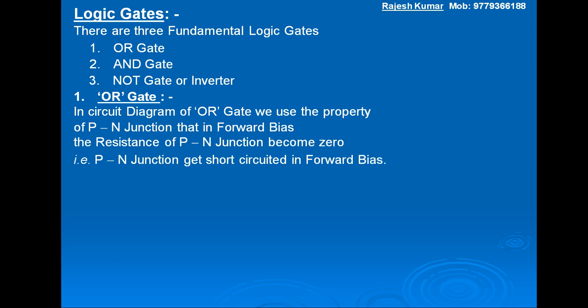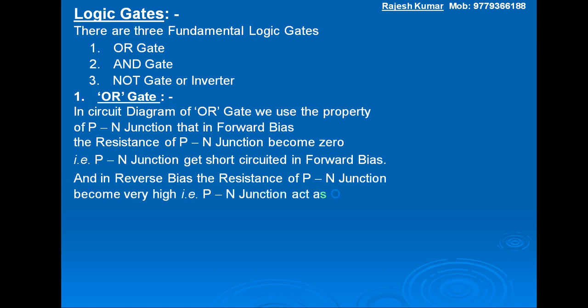That is, PN junction gets short circuit in forward bias, and in reverse bias the resistance of PN junction becomes very high. That is, PN junction acts as open circuit, meaning no current flows through it.